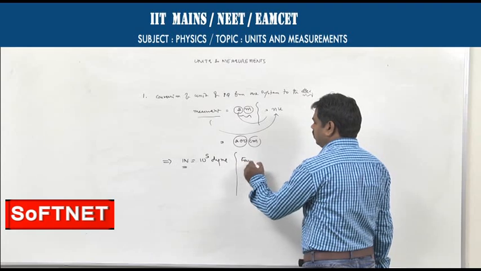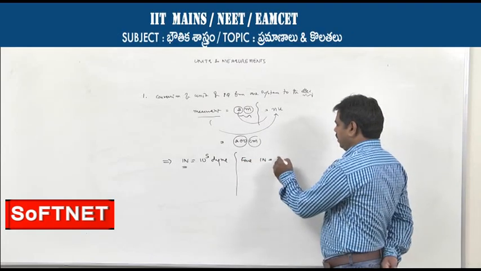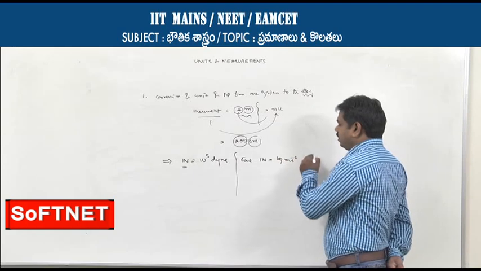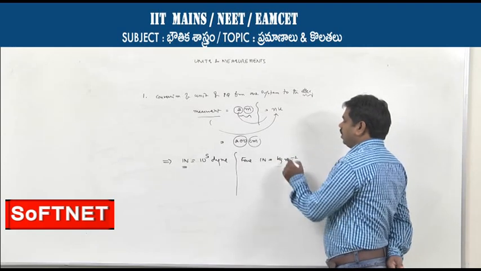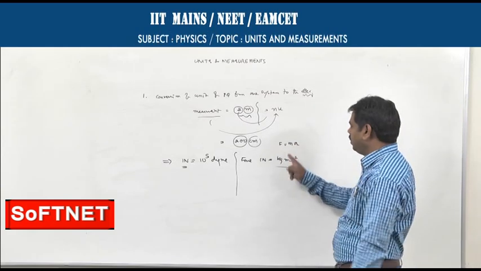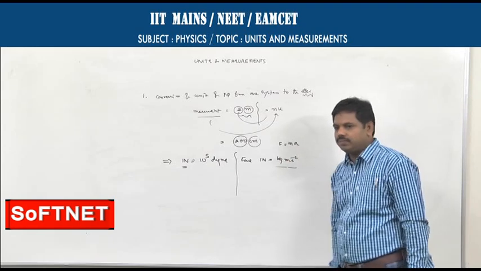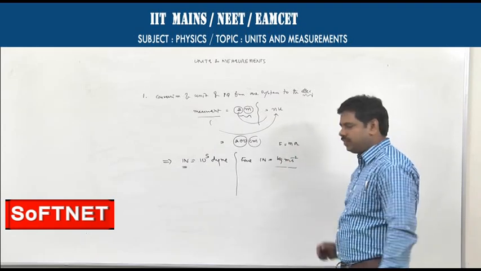Force. You know that 1 Newton can simply be represented as kilogram meter per second square. How? You know the formula F is equal to m a. So based on that, kilogram meter per second square, acceleration. Now how to convert into CGS units?